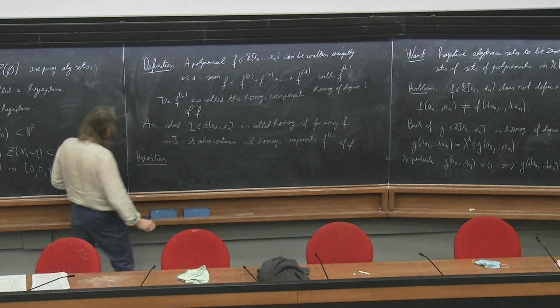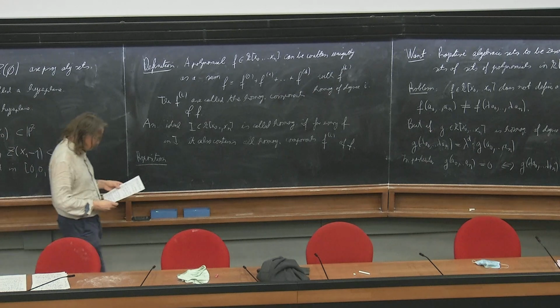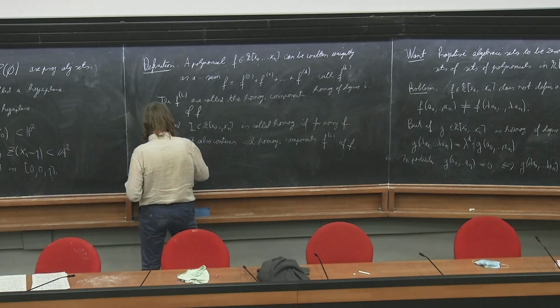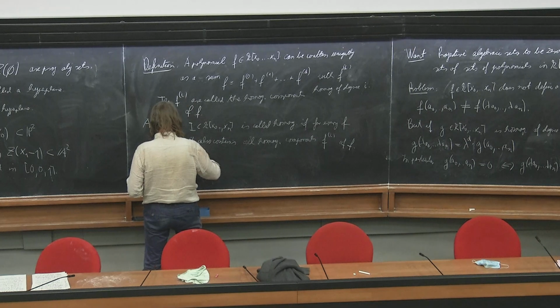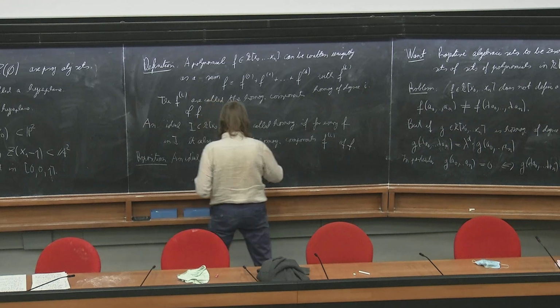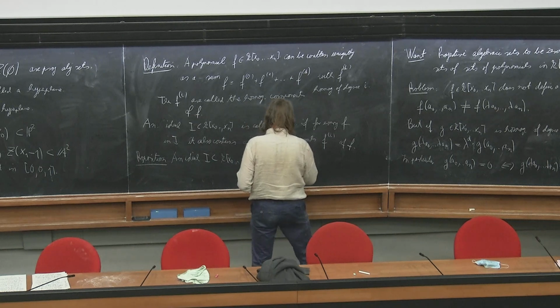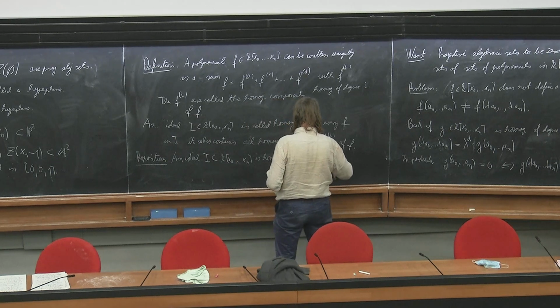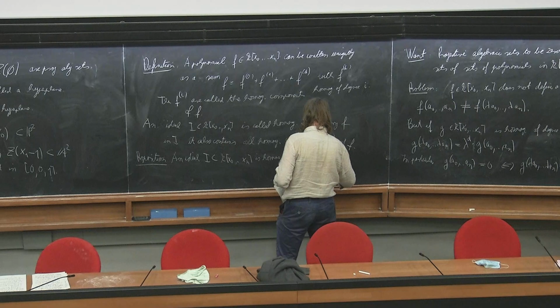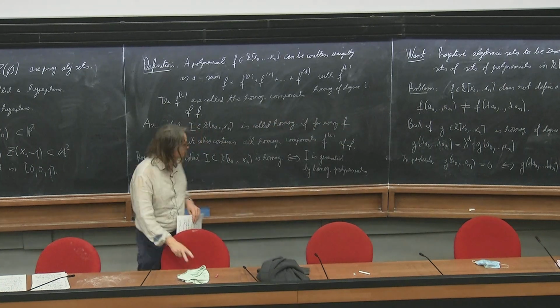Namely, an ideal is homogeneous if and only if it is generated by homogeneous polynomials. That's quite a simple fact.